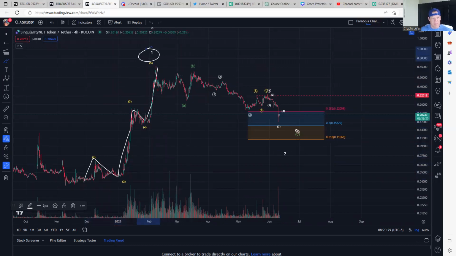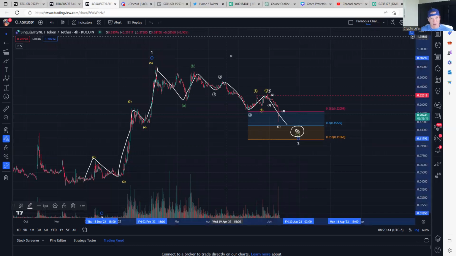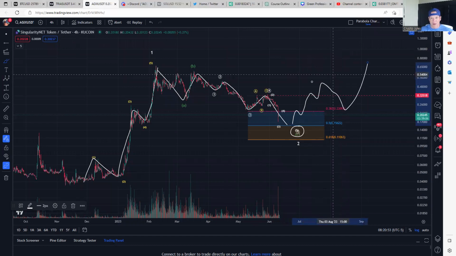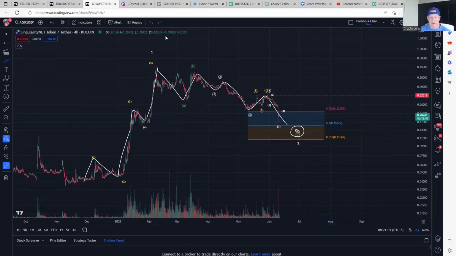It could be an A wave as well. And then we have this A, B, and then this 1, 2, 3, 4, and now working on our final 5th wave down, put in our C wave, which would then put in our 2 wave. And then from there, we would want to see an impulsive structure off of the low, then a 3-wave correction, and then breaking back above the top of that impulsive structure, wherever that may be. So that's ultimately what we need to see in order to say, okay, the bottom is in.